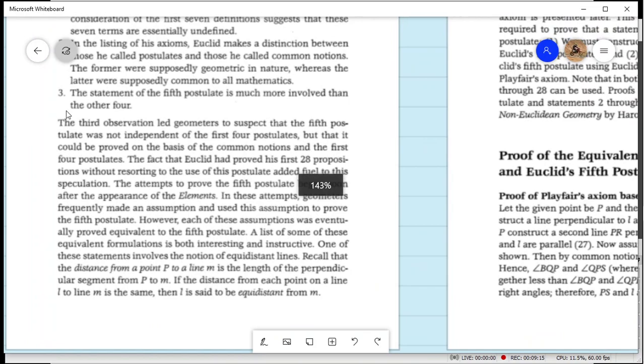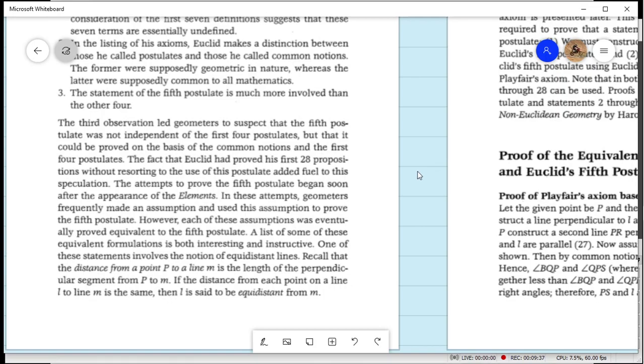When it was said here that the statement of the 5th postulate is much more involved than the other 4, this 3rd observation led to a suspicion that the 5th postulate is actually not independent of the first 4, meaning it can be proven.